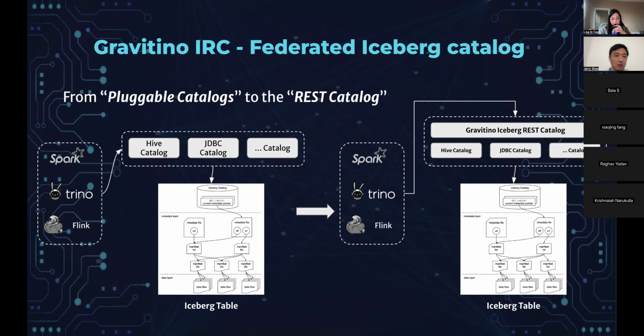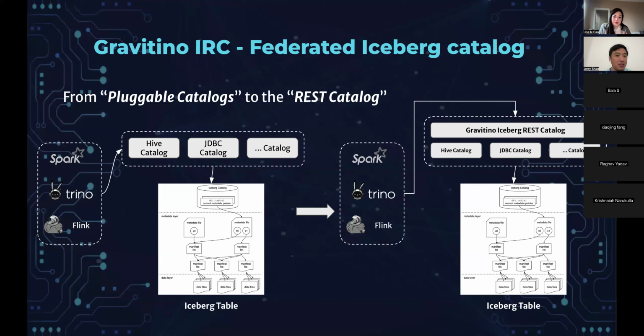So for users who already use Iceberg with an existing catalog, for example Hive Metastore, we can launch a Gravitino Iceberg REST catalog on top of the existing catalog to give users a REST interface to talk with the Iceberg tables. What users need to do is simply launch a Gravitino Iceberg REST catalog and then change the Iceberg client from the Hive client to the REST client, then everything goes fine.